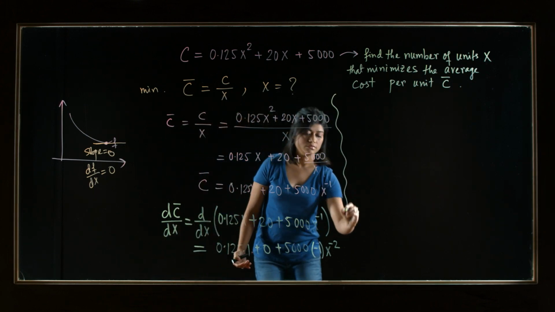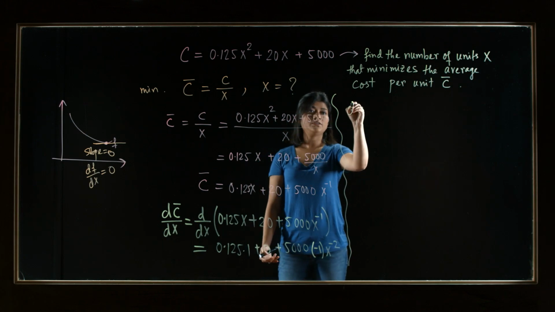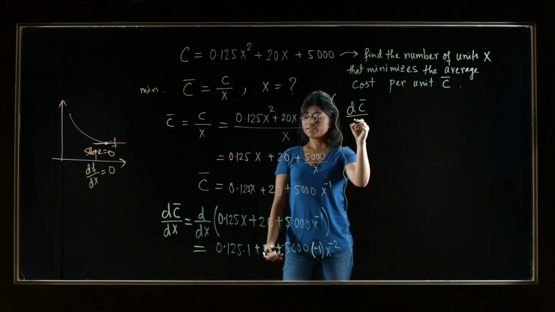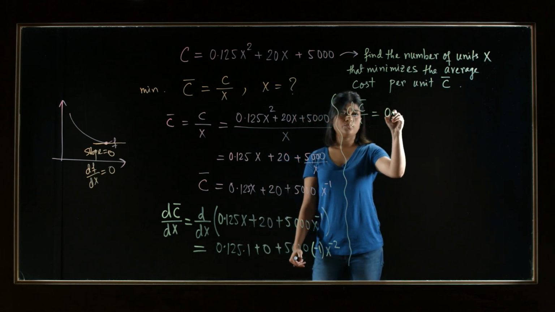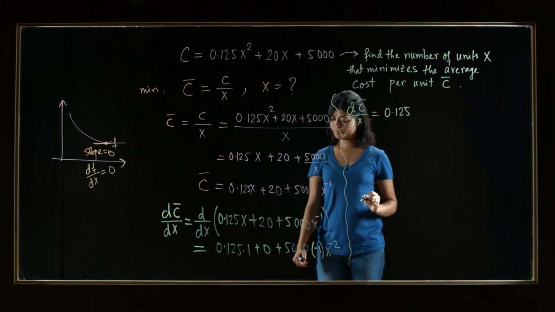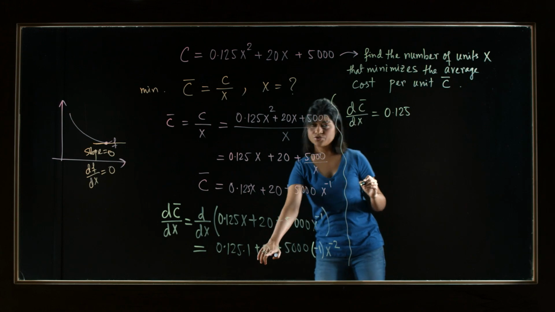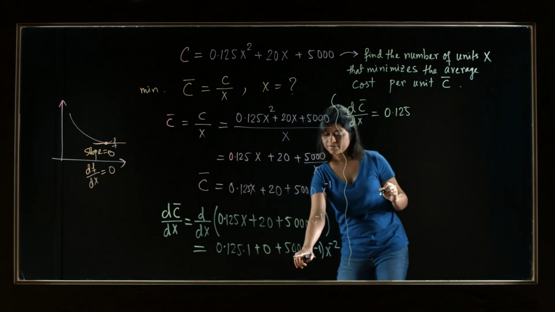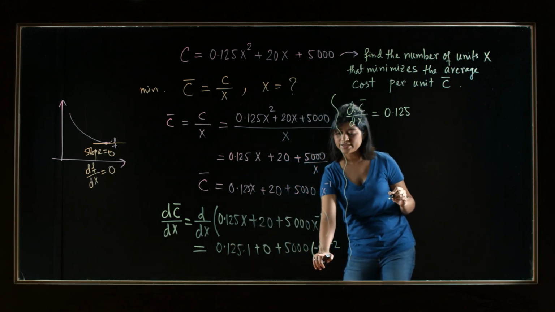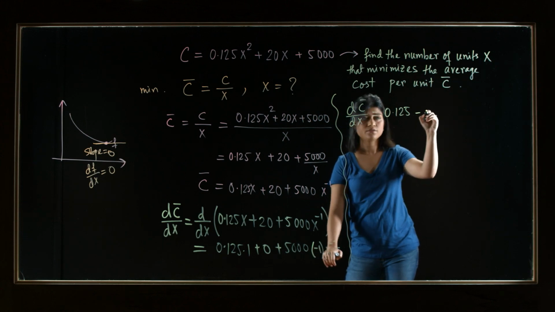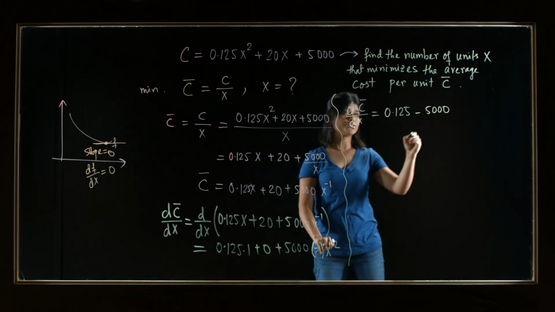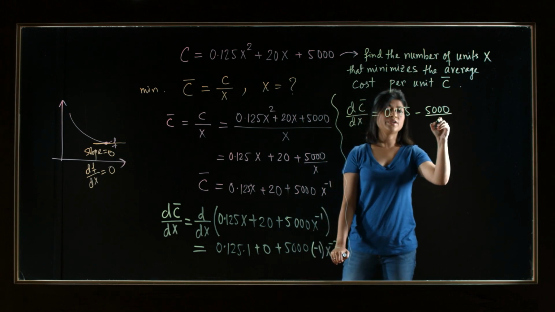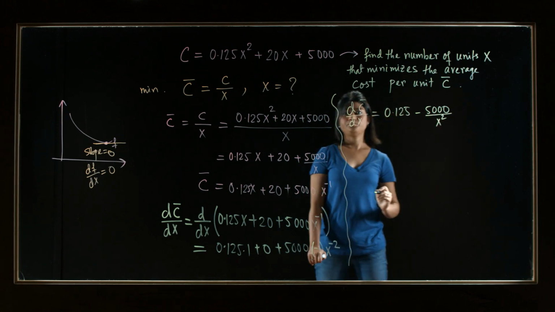All right. So let me rewrite it. We have 0.125, and then the 0 will just go away, and the last term has a negative 1, so it will be negative 5,000, and then x to the negative 2, I'm going to bring it to the denominator as x squared.